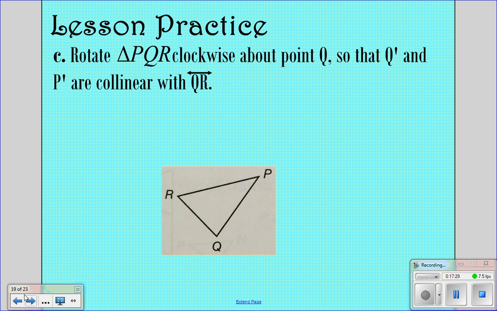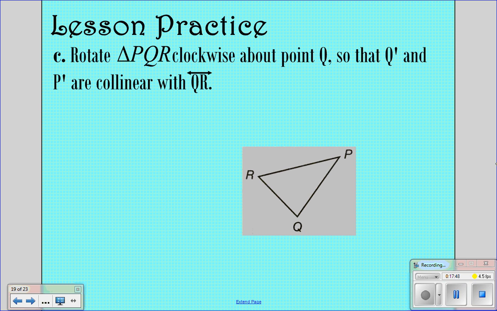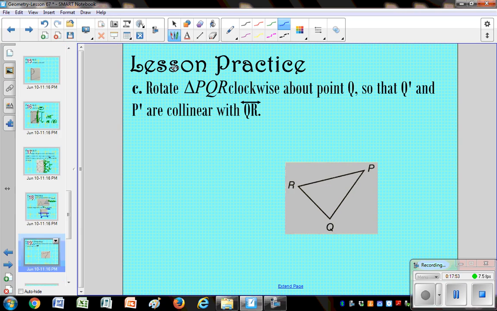Okay, on this one, we want to rotate the triangle clockwise about point Q so that Q prime and P prime are collinear with QR. So I'm going to move my figure up just a little bit, and I'm going to draw a line connecting those two.